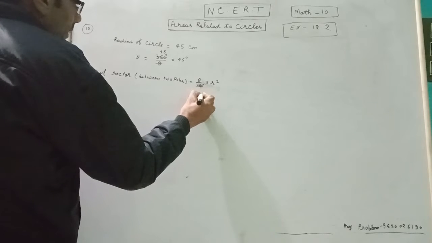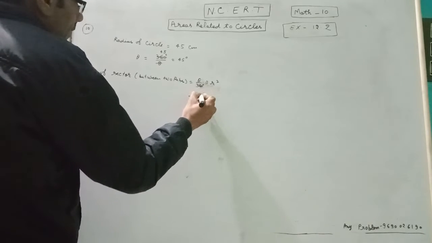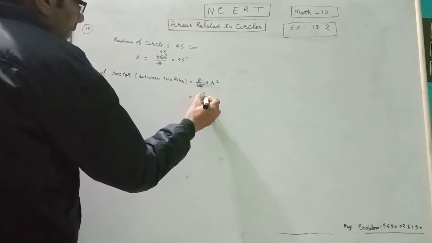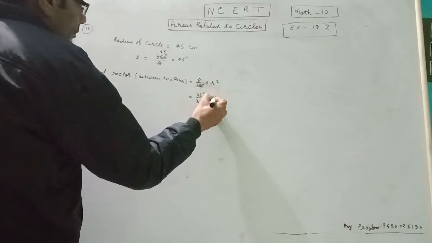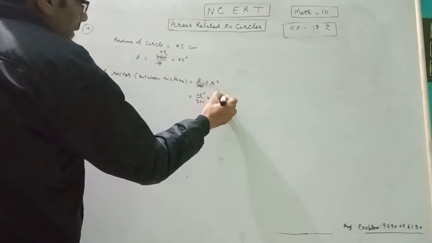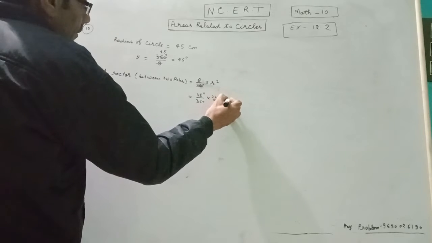Theta value is 45 upon 360. Pi value is 22 upon 7, into r value, which is 45.